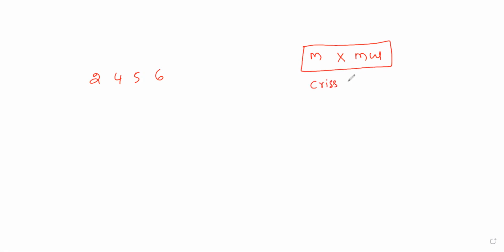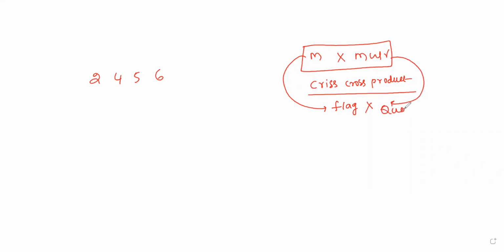What is it called? Criss-cross product. The criss-cross product is nothing but the multiplicand, that is the flag digit, into the multiplier, that is the quotient digit. This is called the criss-cross product. The criss-cross product is a subtractable number. So we are subtracting the criss-cross product. It is clear to everyone at this point?